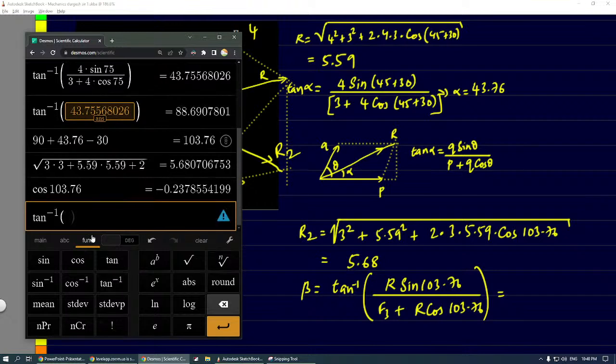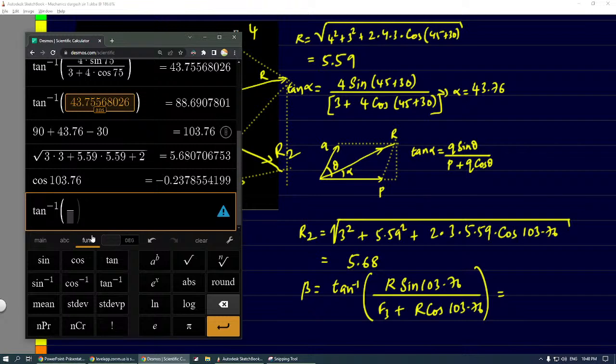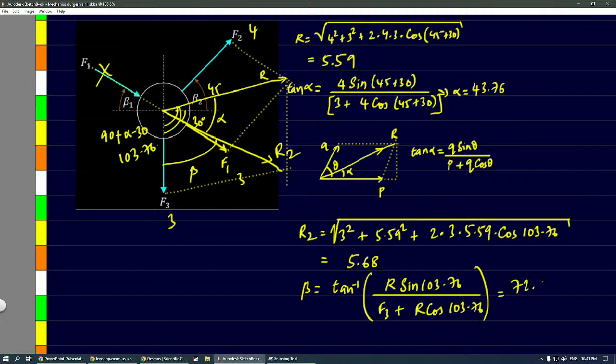Tan inverse of 5.59 sine 103.76 divided by F3, F3 is 3, plus 5.59 cos 103.76. 72.9 degrees.